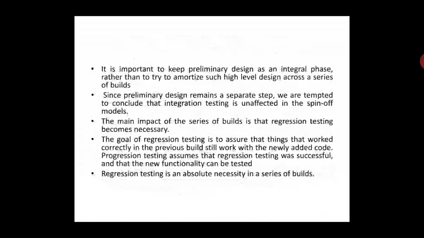The goal of regression testing is to assure that things that worked correctly in the previous period still work with the newly added code. Regression testing is retesting after making any changes to the particular code.